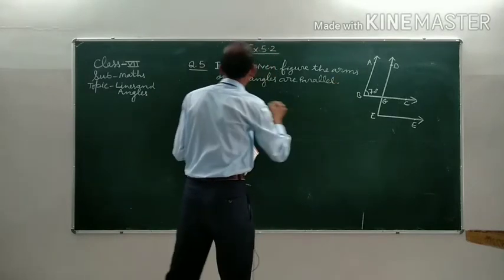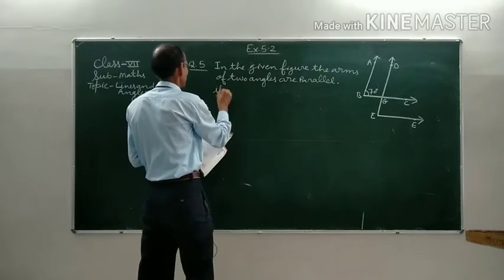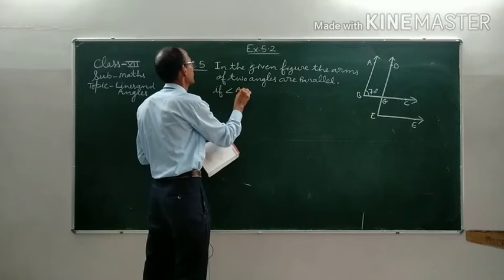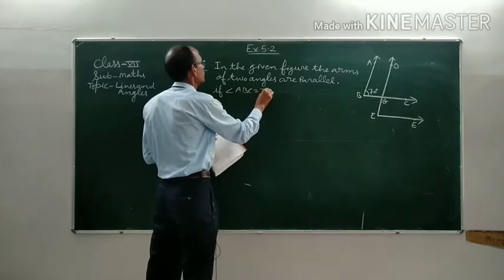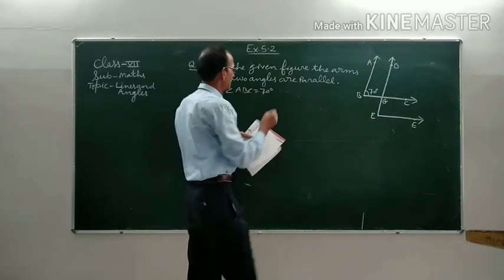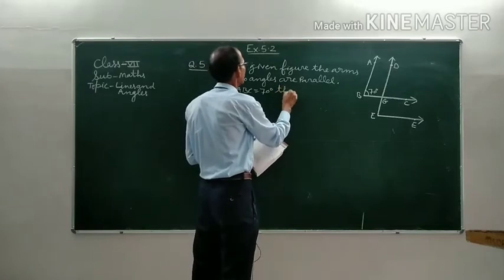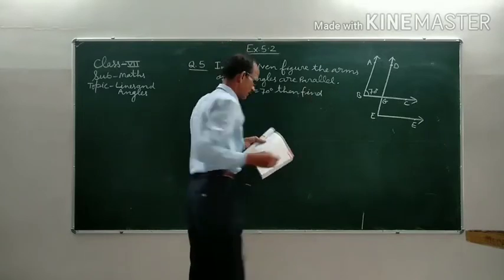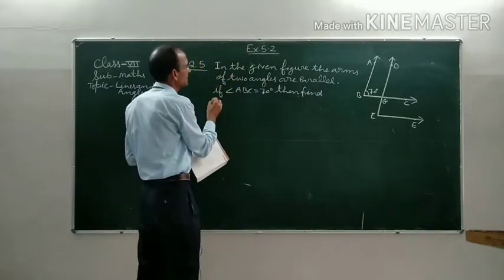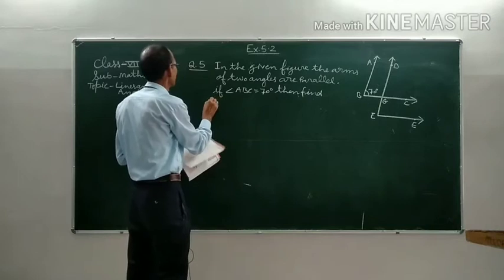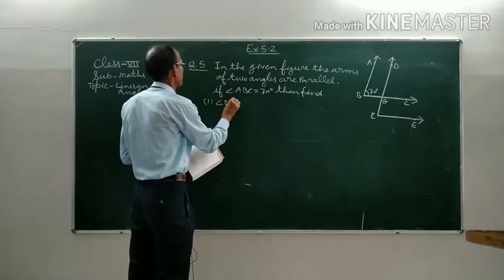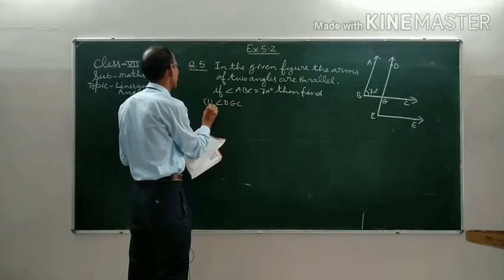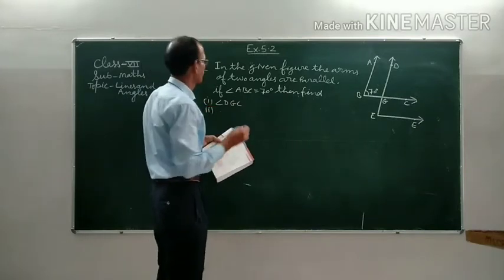If angle ABC is equal to 70 degree, then find first angle DGC, and second angle DEF.